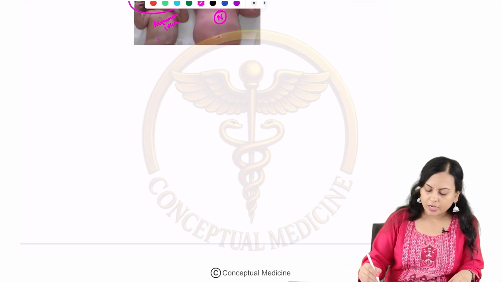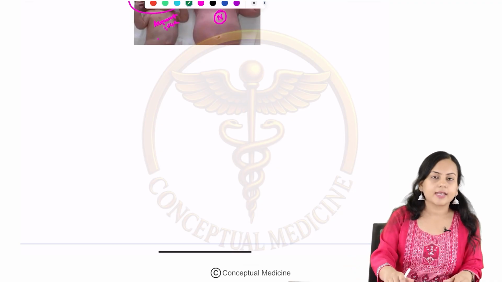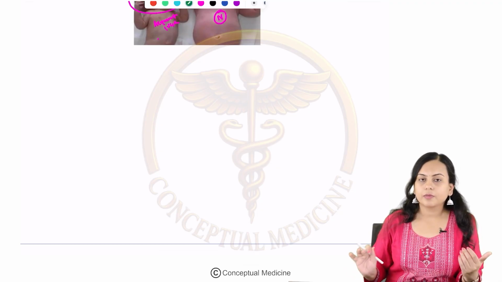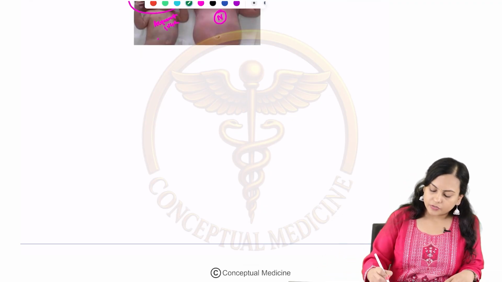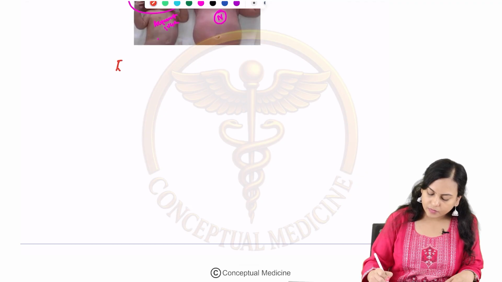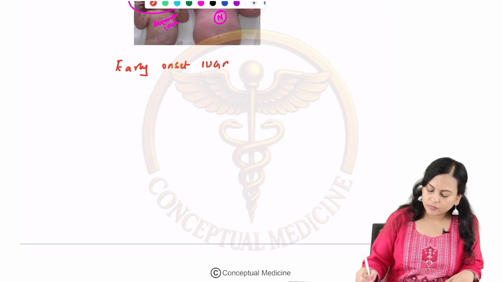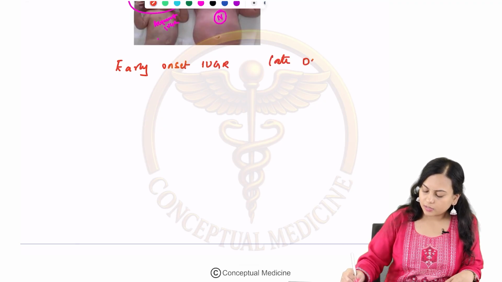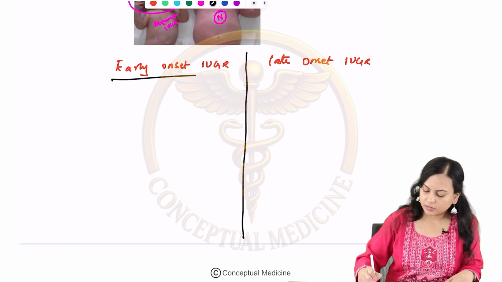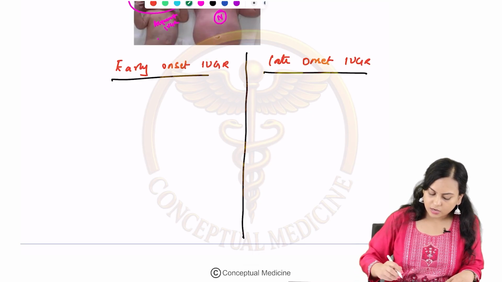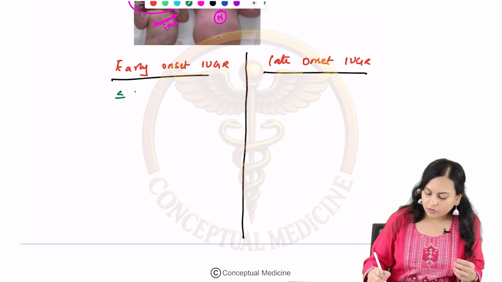Right? Now, we will pass on to the next classification, that is, what do you mean by early onset IUGR and what do you mean by late onset IUGR? So, in early onset IUGR the onset is less than or equal to 32 weeks.